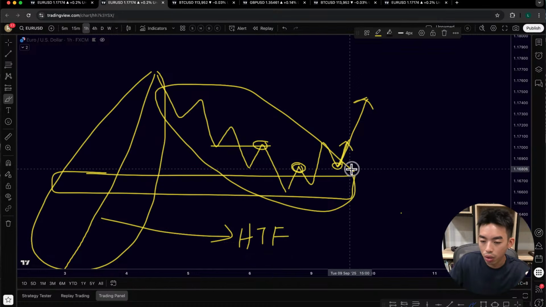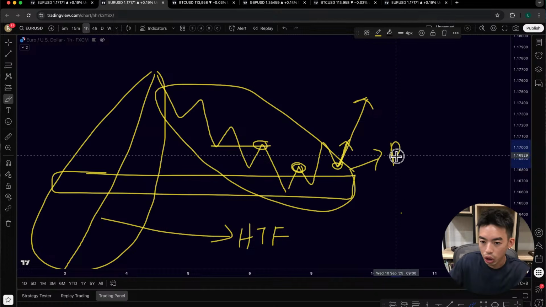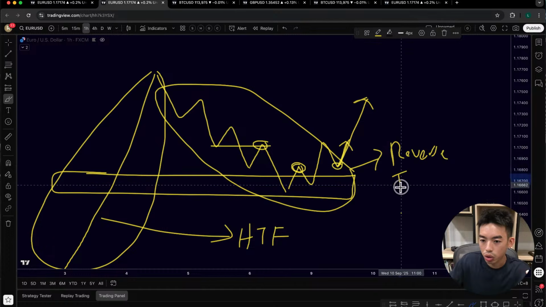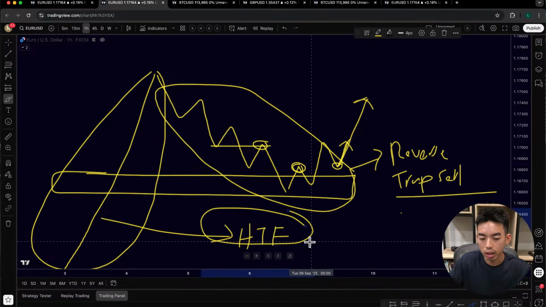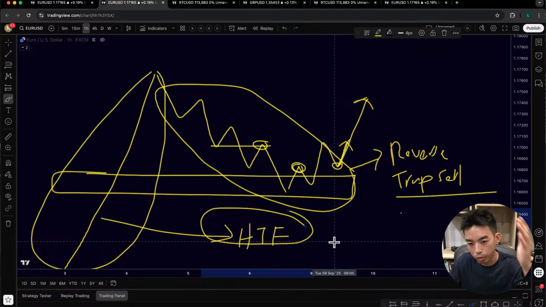And right here, you are trying to reverse trap traders. Reverse trap. Okay, this is gonna take forever for me to write, but there we go. We are trying to reverse trap sellers, and we have the higher time frame support. In this type of situation, the likelihood of the move going up is extremely high.